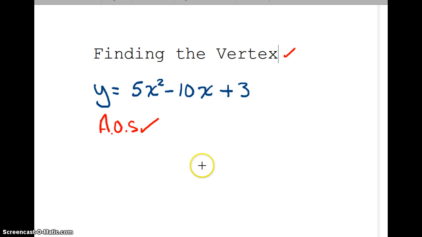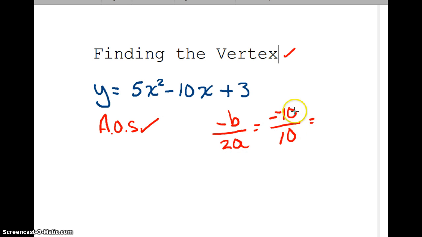So to find the axis of symmetry of this equation, negative b over 2a, negative negative 10, 2 times 5 is 10, negative negative is a positive, 10 divided by 10 is 1. So we know that my axis of symmetry is x equals 1. And so we know we have a graph, we know that we have a line that goes through it, and the first ordered pair is 1 comma. After that, it's our choice.